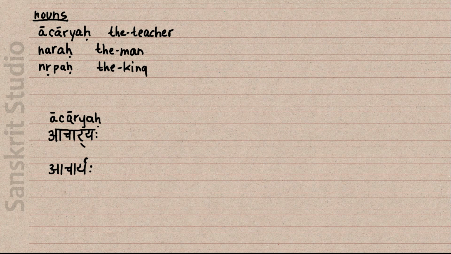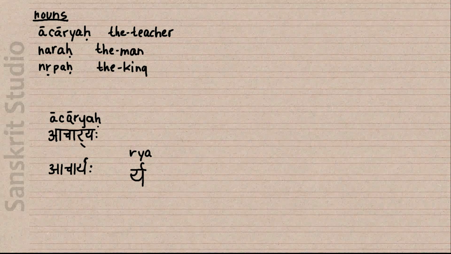So what we have done is simply an R, a Y, A. Something like that. Rya.